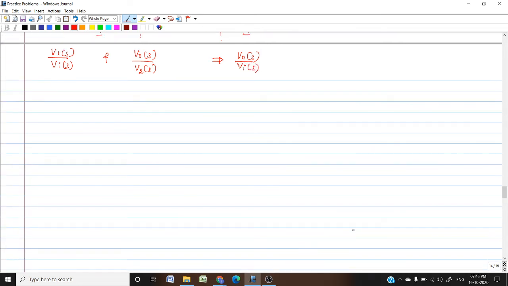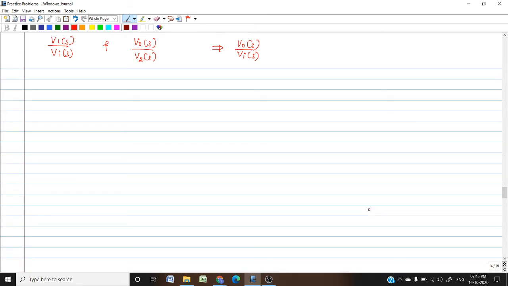With that in mind, first I will draw the first part of the network. The first part of the network is as shown. This is the capacitor, and this is the resistor.